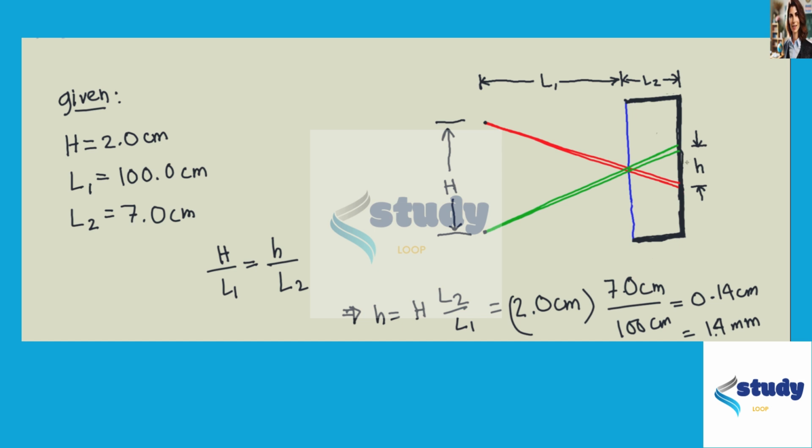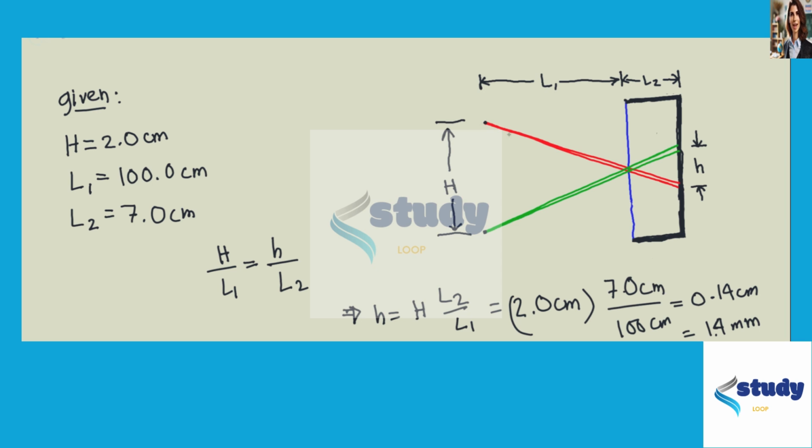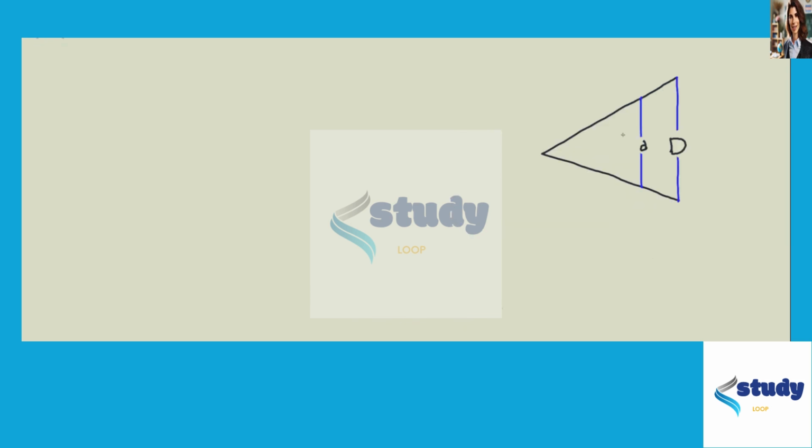So we now need to compute whether they will be resolved, that is, whether we can see separate images or not. To do so, let's take one of the objects and consider this triangle, which I drew over here.